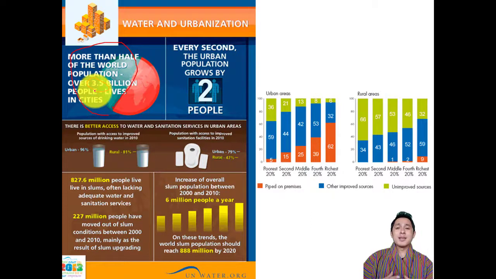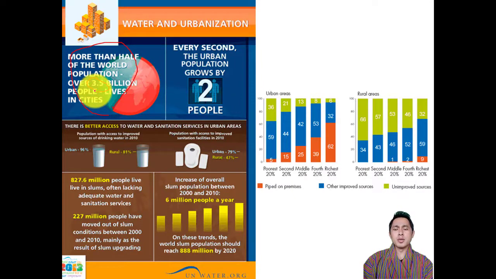And even if it is equal, the kind of technology, the kind of people, the kind of sedentary life people in urban areas live, the kind of products they consume, the kind of work they do, compared to rural areas, they require a huge amount of water.